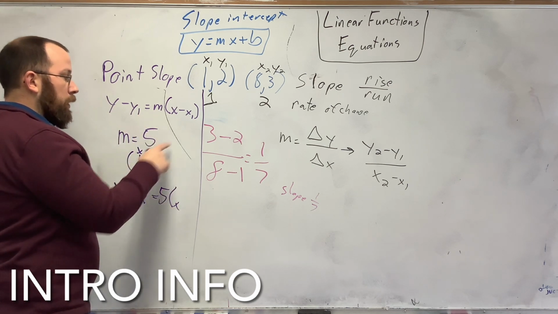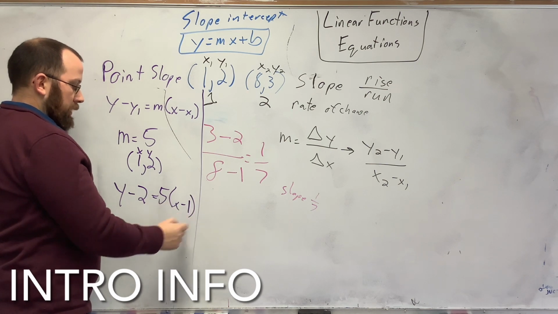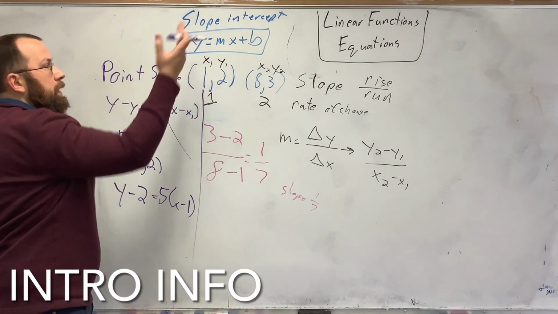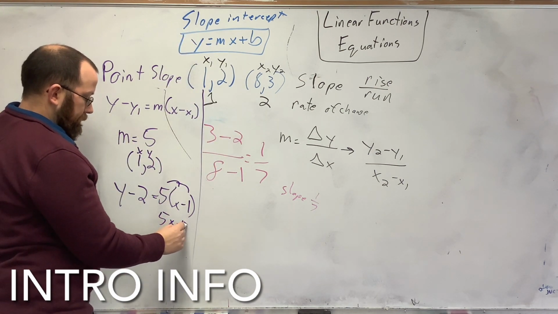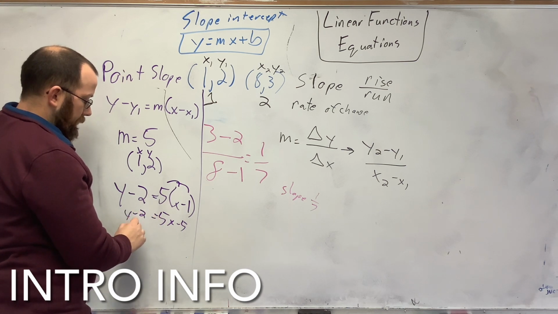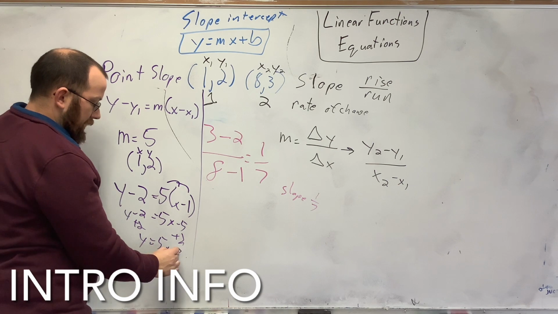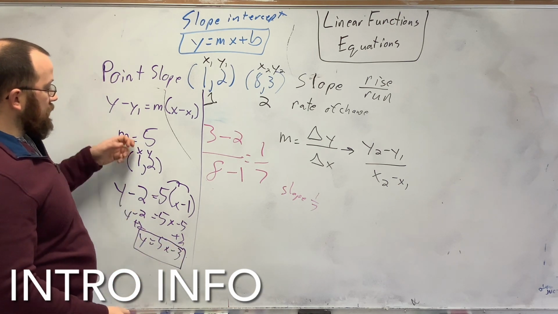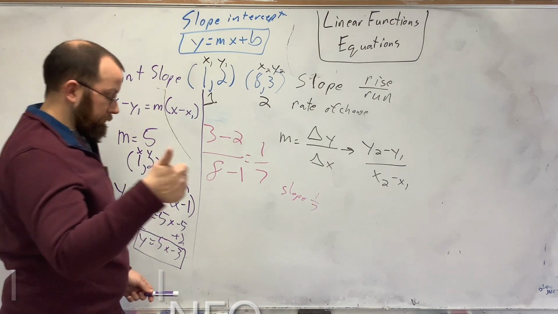And then your 1 goes in for your x subscript 1. And that's point slope form. Now if you want to switch it over to slope-intercept form, you just simplify it all down. So y equals 5x minus 3. So that's your slope-intercept form for this information, and that's your point slope form for that information.